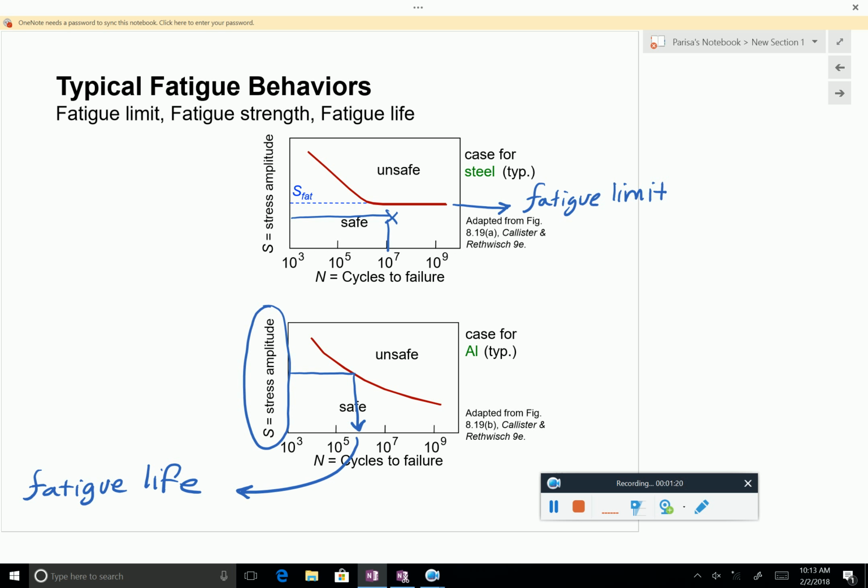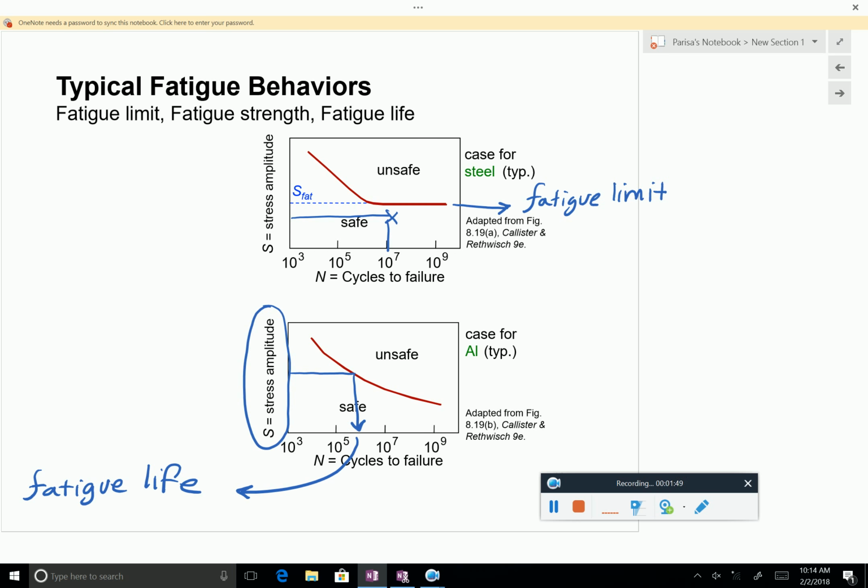So take a look and try to remember some of the expressions that we talked about: fatigue limit, fatigue life, and the fact that, for example, steel and aluminum have very different behavior. Aluminum, the strength is continuously decreasing. Steel reaches the fatigue limit, which is a nice thing to have if you have repeated loading.